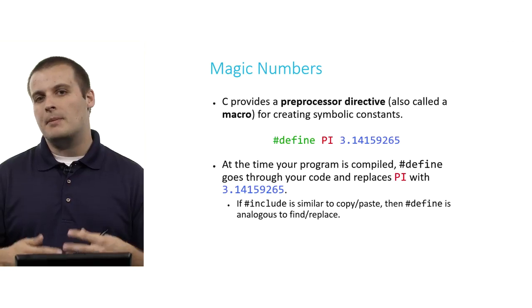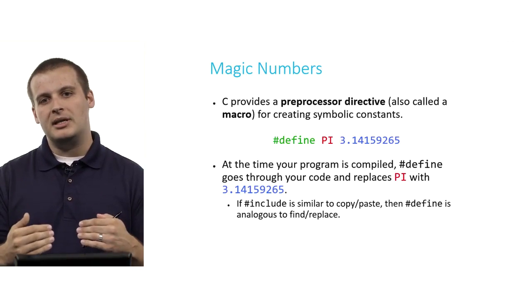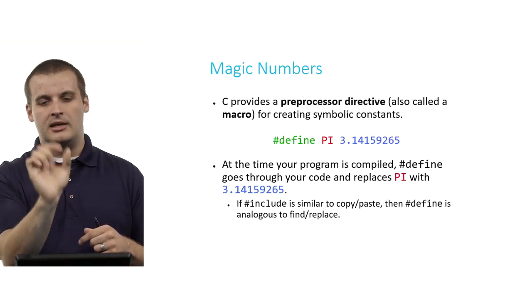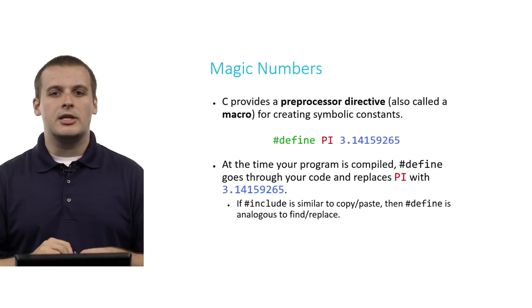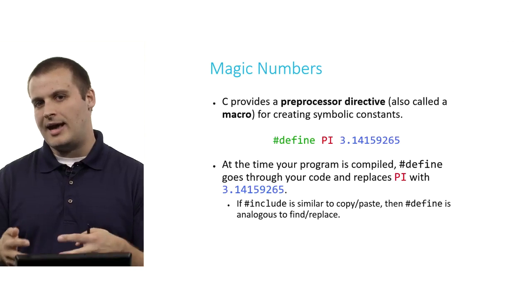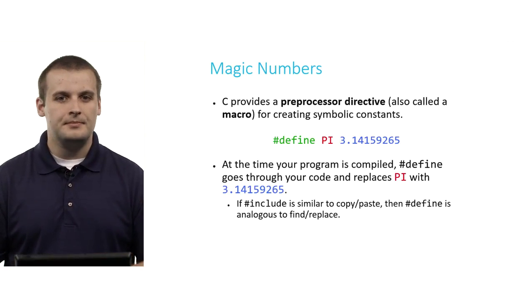And what's going to happen then at compile time is that the first thing that will happen is it will go through and replace every time it sees capital P, capital I, with 3.14 and so on, so that you don't have to type it every time, but your program still has the functionality that you expect because you're manipulating, multiplying, dividing, whatever it is, by pi.